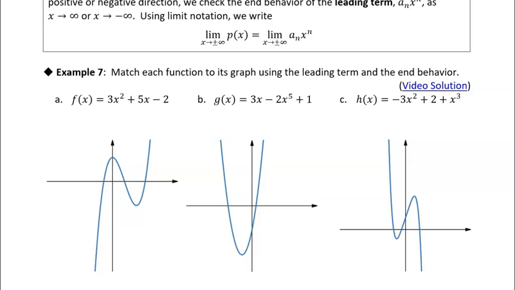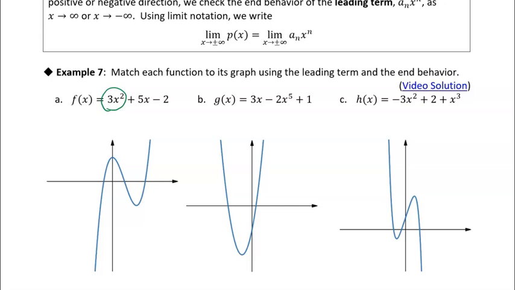It looks like the highest power of x, the leading term, we call this the leading term. The leading term is 3x squared, right? It's the term with the highest power of x. And the behavior of the polynomial is going to have the same behavior in the long run as 3x squared.